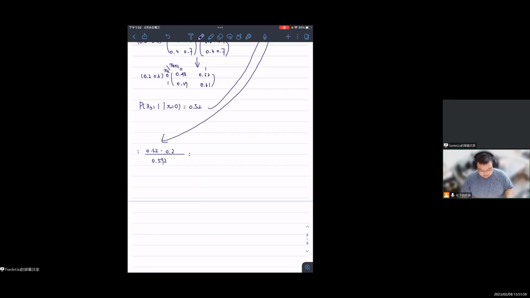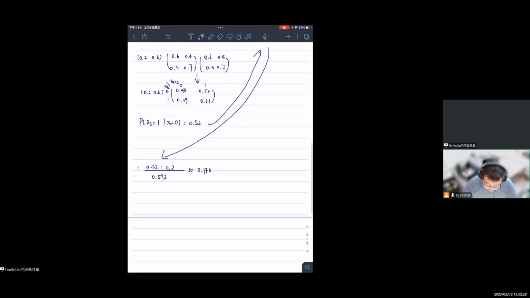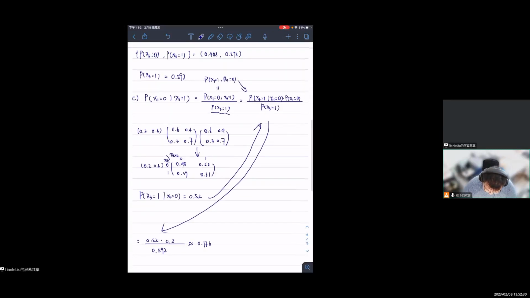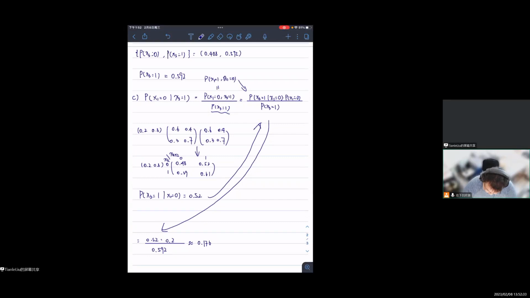Okay, let's do the calculation, and it will be rounded up by 0.176. Okay, so that's the answer of the probability of x1 equals to 0 given by the x3 equals to 1.